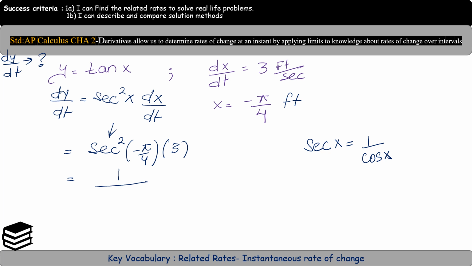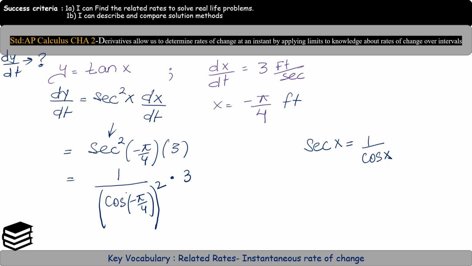So how can you write it in the calculator? You will write 1 over cos. The angle is -pi over 4. Don't write the square on the cos. In the calculator, you have to write overall square times 3. Use the calculator and get the answer. So I am also using the calculator.